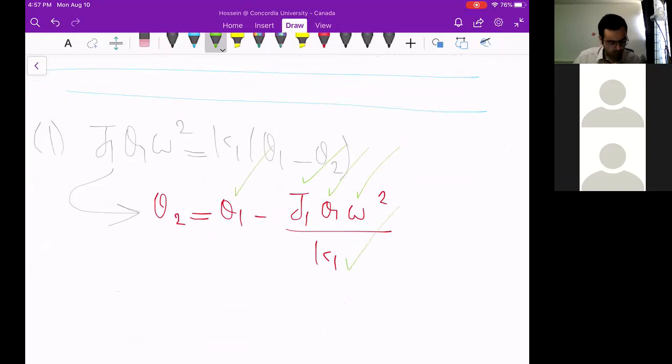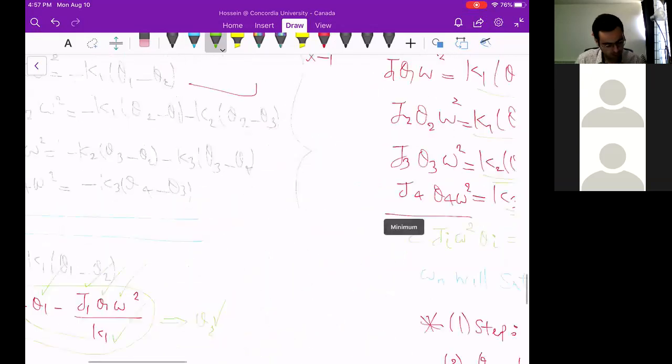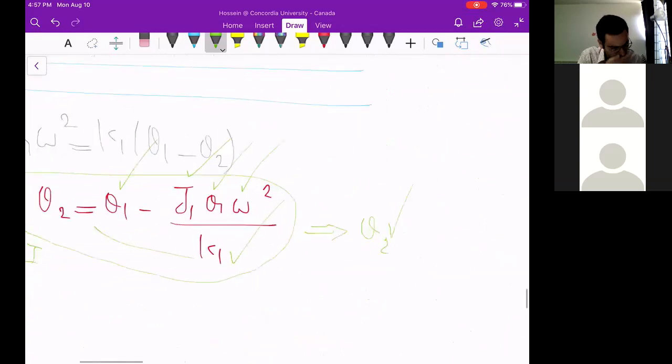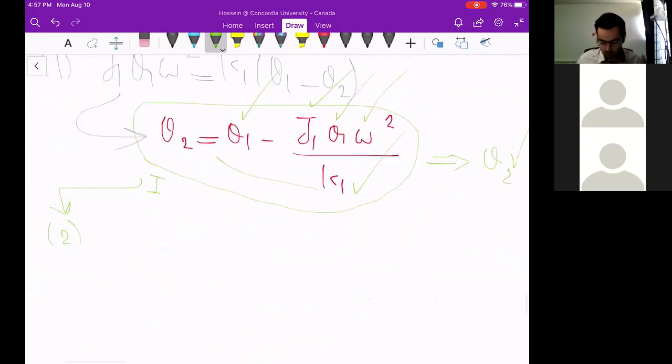Therefore, theta 2 is obtained, right? This is the first equation we need to use. And similarly, if I insert this into the second equation, wherever you see theta 1, just insert this. So here are equations 1, 2, 3, 4. Put this into equation 2.